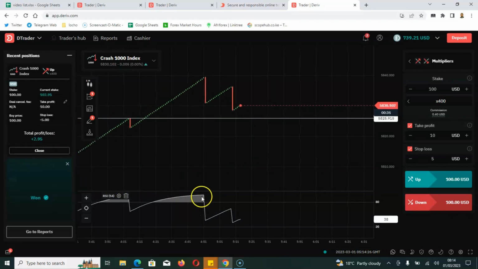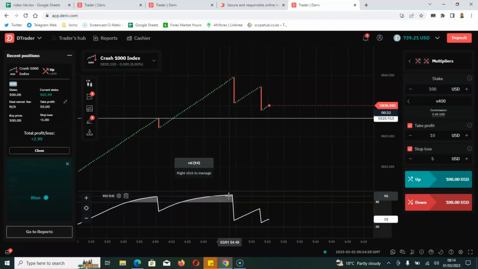So I hope you've understood my point, because what I wanted you to know is that the best time to place a trade is when the RSI crosses the 85 mark. Once it crosses the 85 mark, you can place it at 86 and then exit the trade on maybe 92 or 90, because at this particular point you'll be able to get at least some little profit.